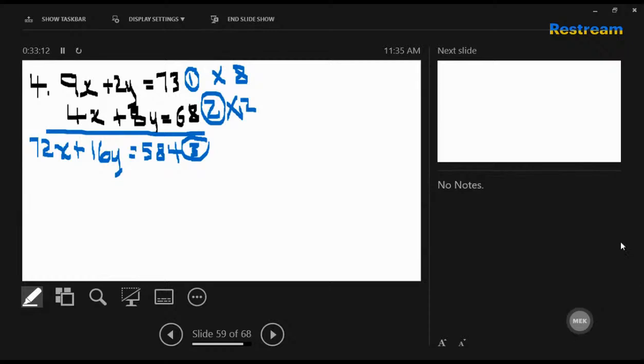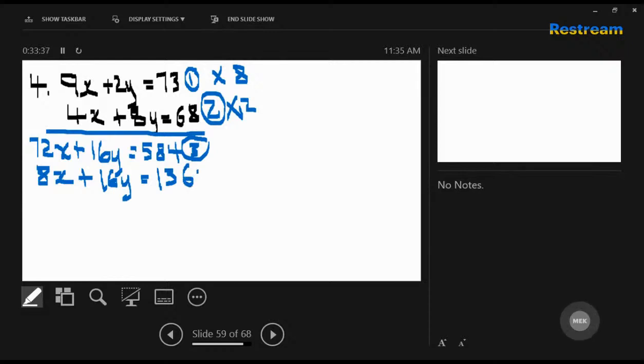Multiplying everything in equation 2 by 2, we'd end up with 2 4s, 8x, 2 8s, 16y, and 2 times 68, that's 136.